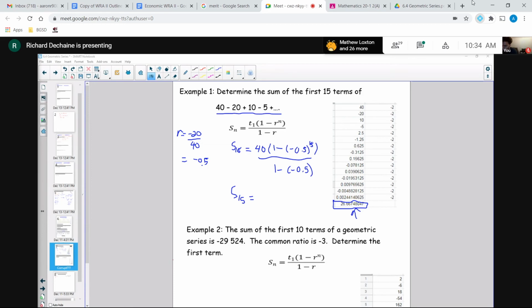So let's just make sure you're doing the math right on the top. I used a little hat symbol for exponents.